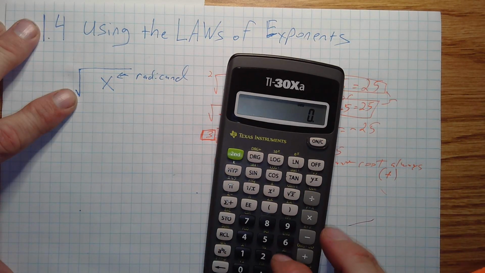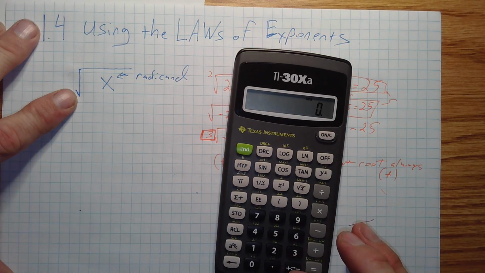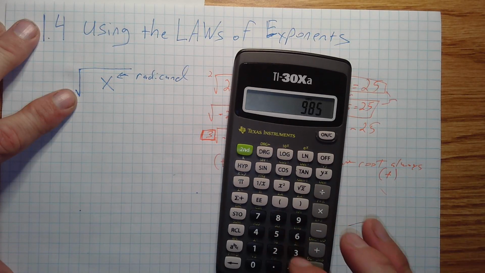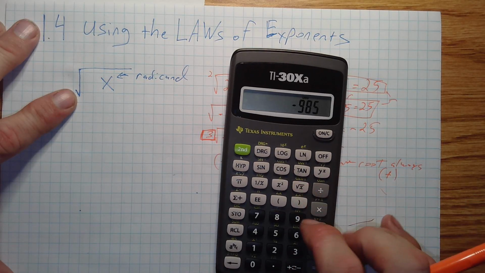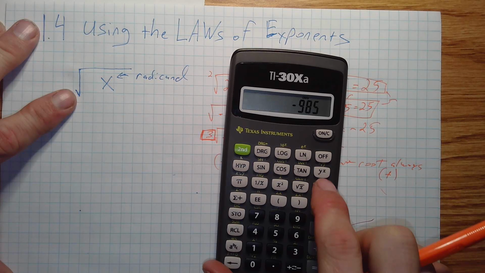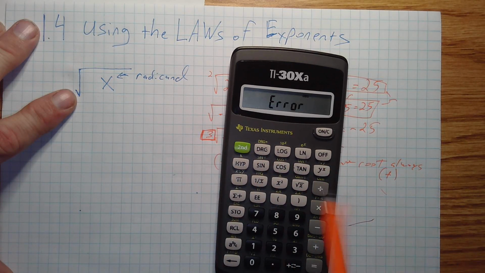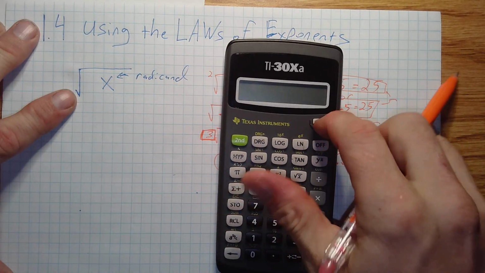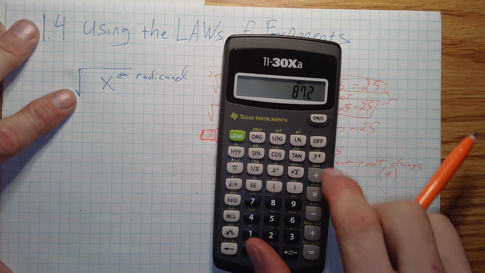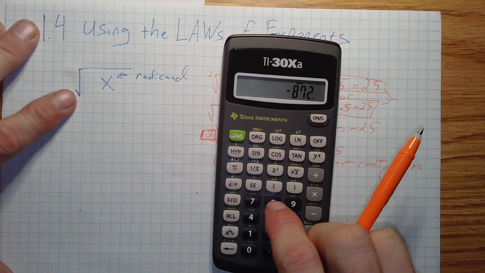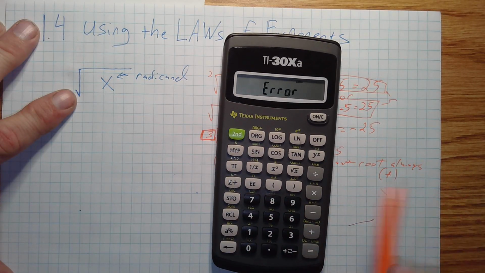If I take the 6th root of a negative number on my calculator, it gives me an error. If I do it to the 84th, it gives me an error.